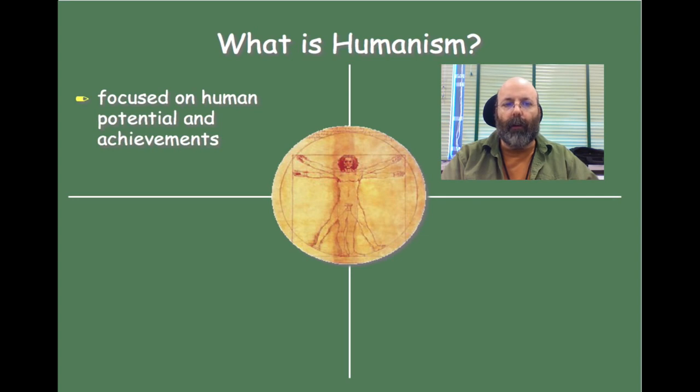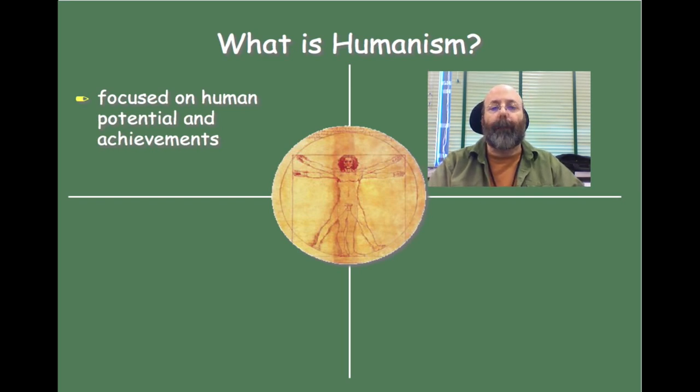Right, so there was this religious focus during the Middle Ages on religion and God as sort of the creator of everything. But under humanism, the focus is on human potential and human achievements. So that when people build, let's say, a beautiful Gothic cathedral, it's not God that did it, it's actually humans that achieved that. God may have inspired them, but humans actually created it.